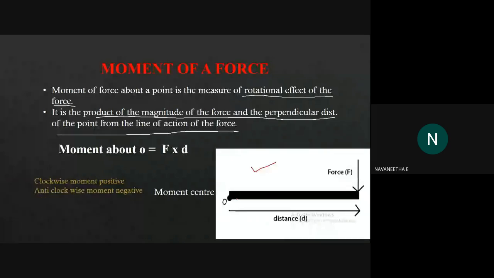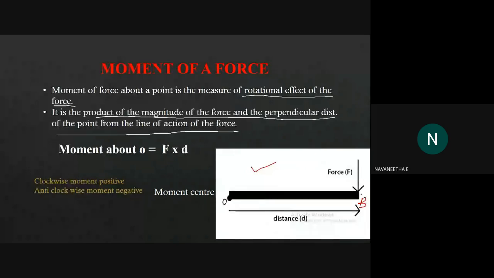Here a force is applied on a beam. If the beam is OB, then the point O is the moment center. That is, O is fixed by using any hinge or screw. Here I am applying a force F. What is the peculiarity of the force?